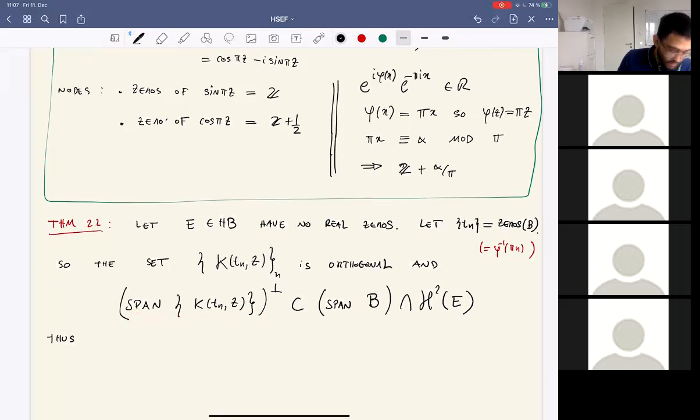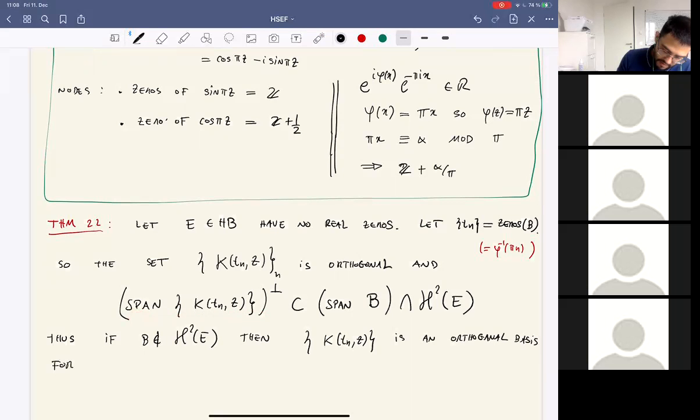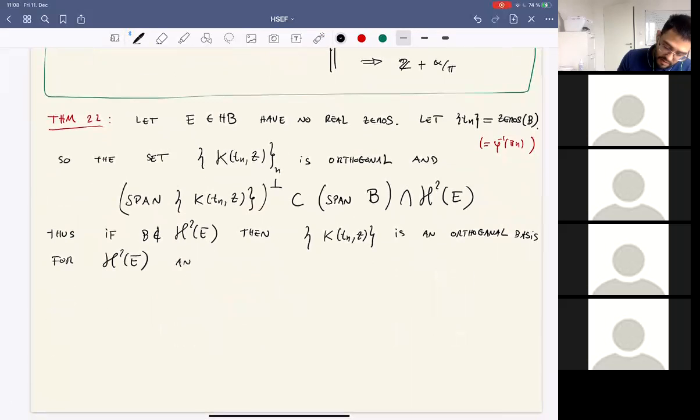Thus, if B is not in H^2(E), then the functions K(t_n, z) form an orthogonal basis for H^2(E). And then we can compute the expansion of any function in that basis and also the norm of the function in that basis.